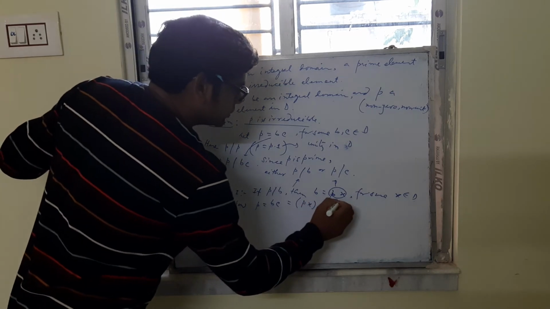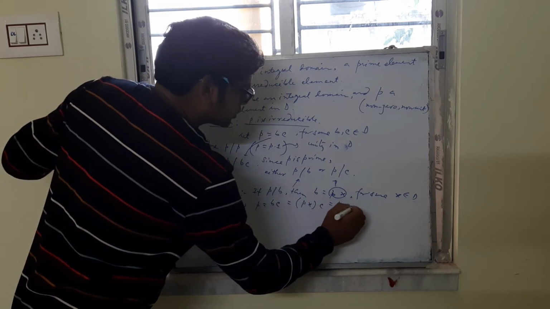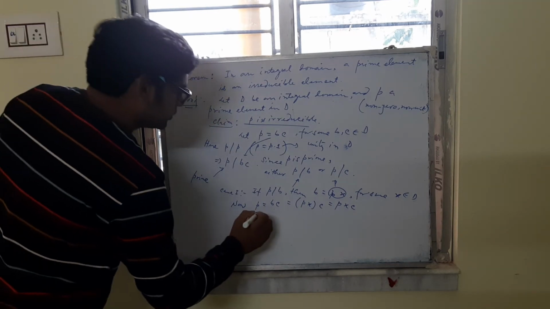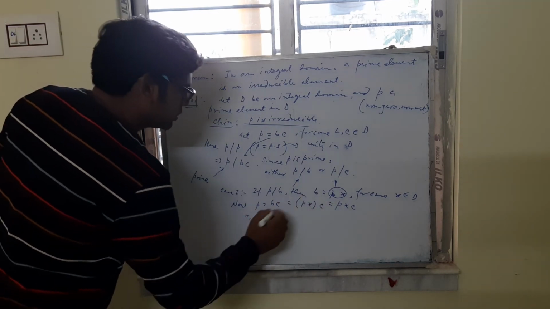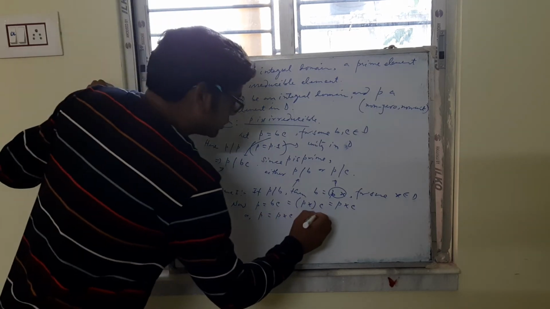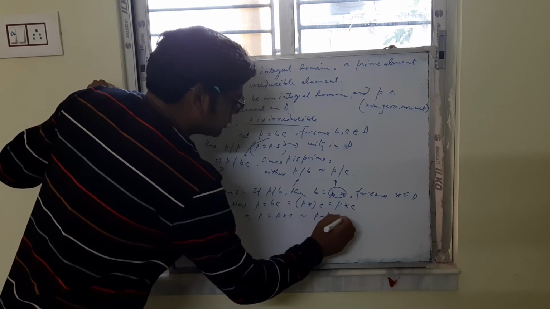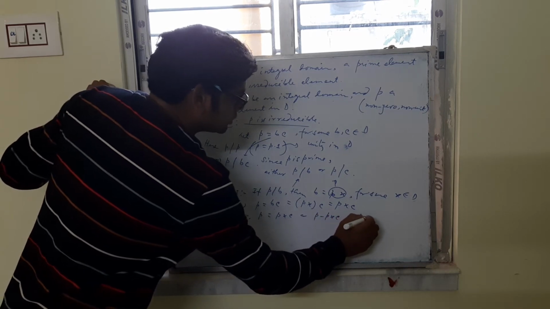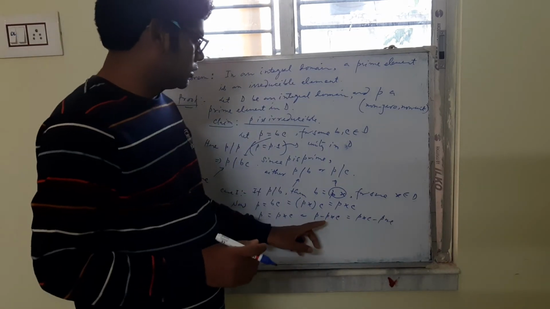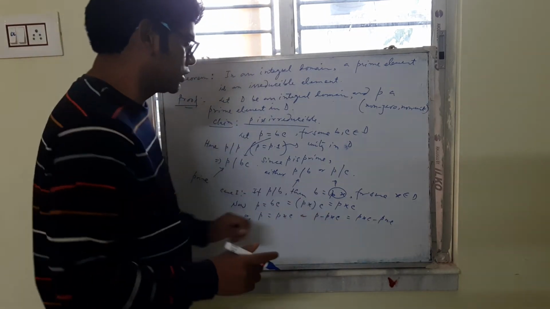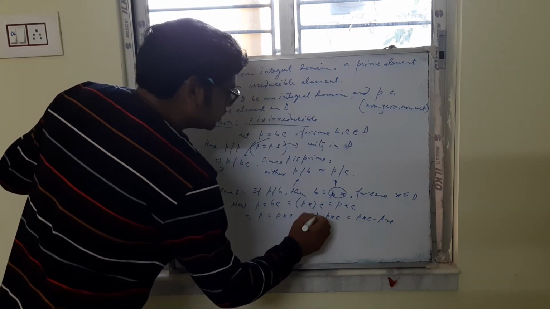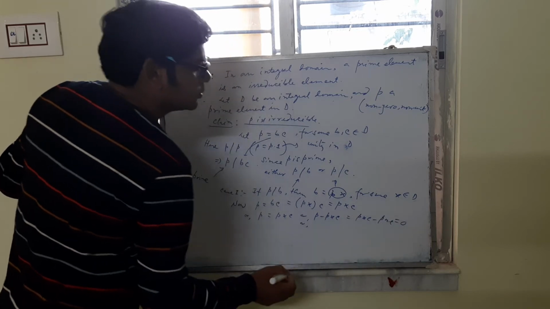Now by associativity we can write P = PXC, or we write P minus PXC equals PXC minus PXC, adding minus PXC on both sides, so this will be 0.